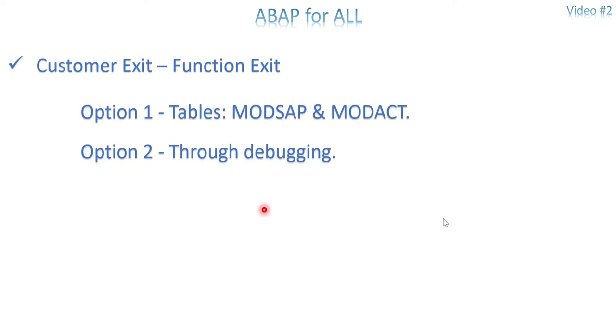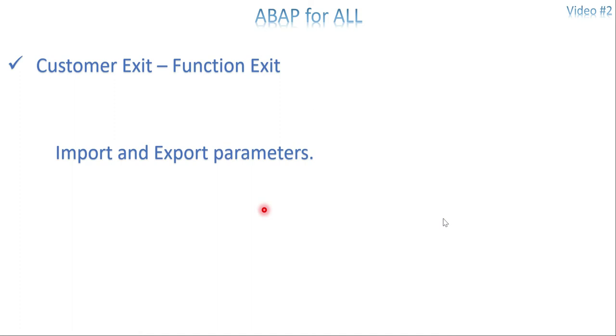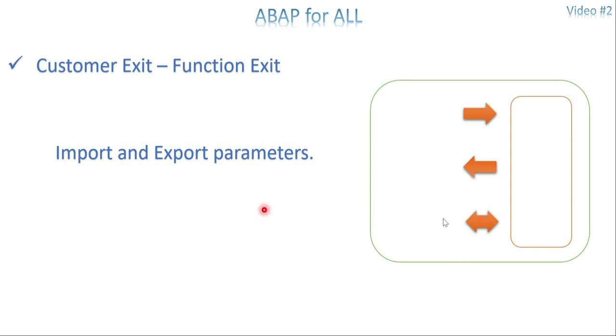Okay, and a very important aspect is import and export parameters. For example, the scenario is that I need to validate a plant. In that case, you need a plant value, right? You are in ME21N.